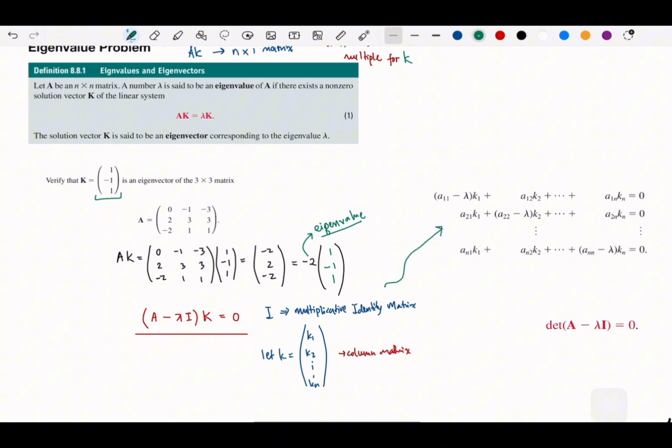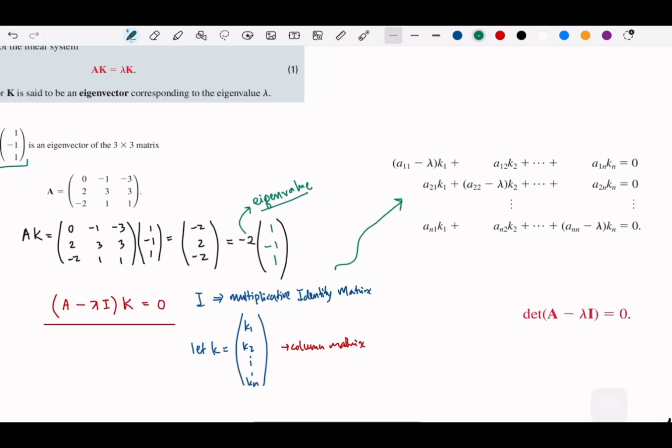So each one of them will be having the minus the lambda for the identity, and because this is only the identity, it only works for this diagonal matrix. Okay. So we could write in that term.